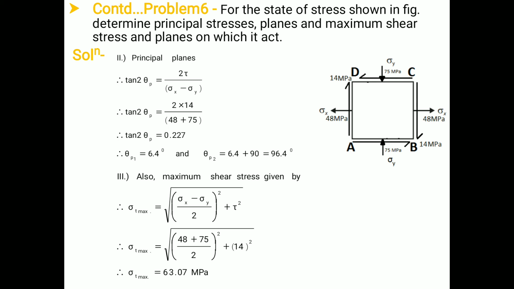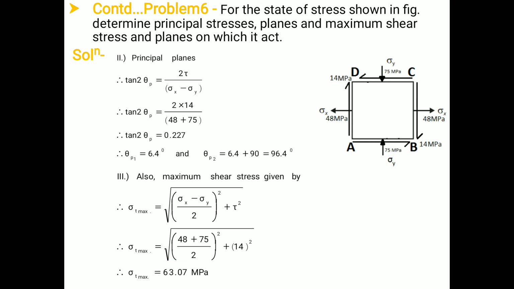After that we have to find out the maximum shear stress also. The maximum shear stress can be given by tau maximum is equal to under root of ((sigma x minus sigma y) by 2) whole square plus tau square. As we have all the values of sigma x, sigma y and tau, you just put all those values into this equation. We will have the maximum shear stress as 63.07 MPa.